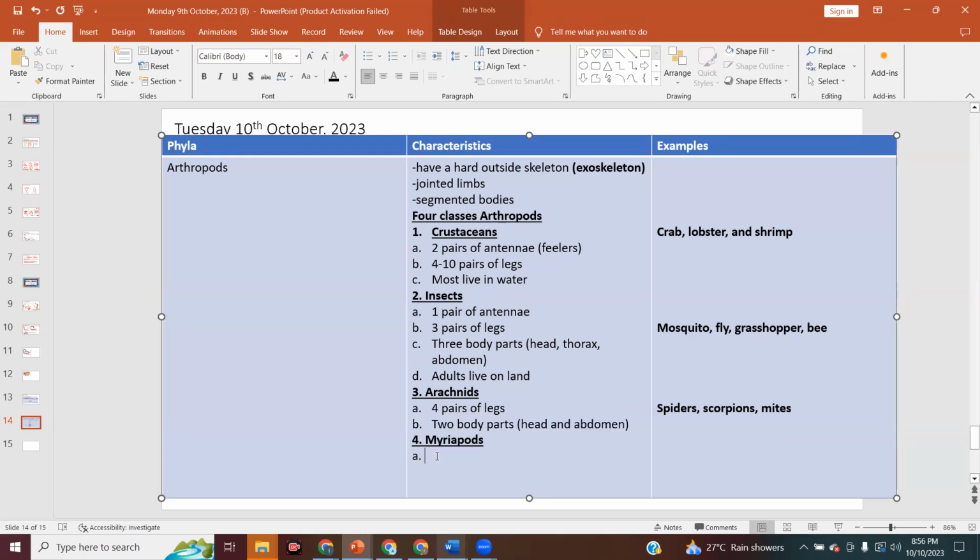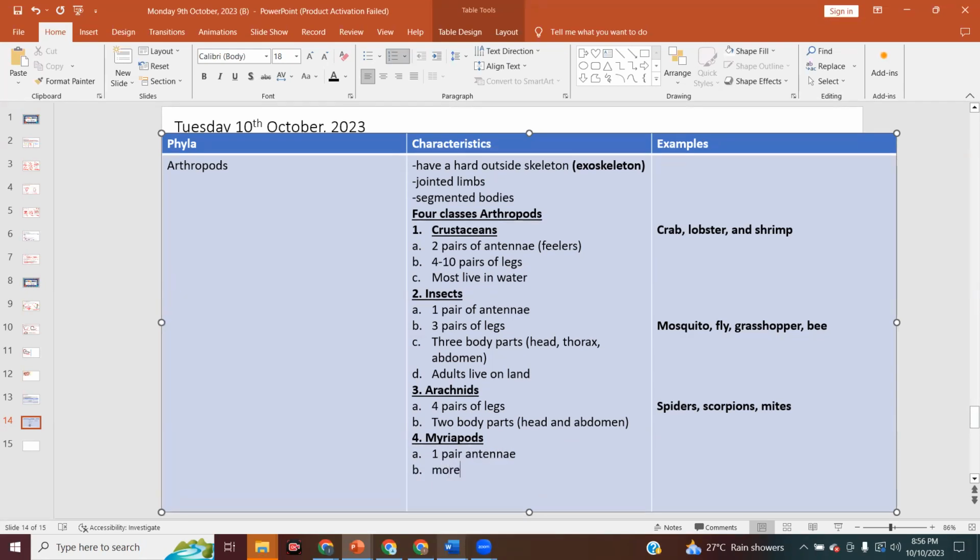Yeah, that's a centipede. That's an arthropod. So it has one pair of antenna. It has more than 10 pairs of legs. My goodness. So how many legs do they have?